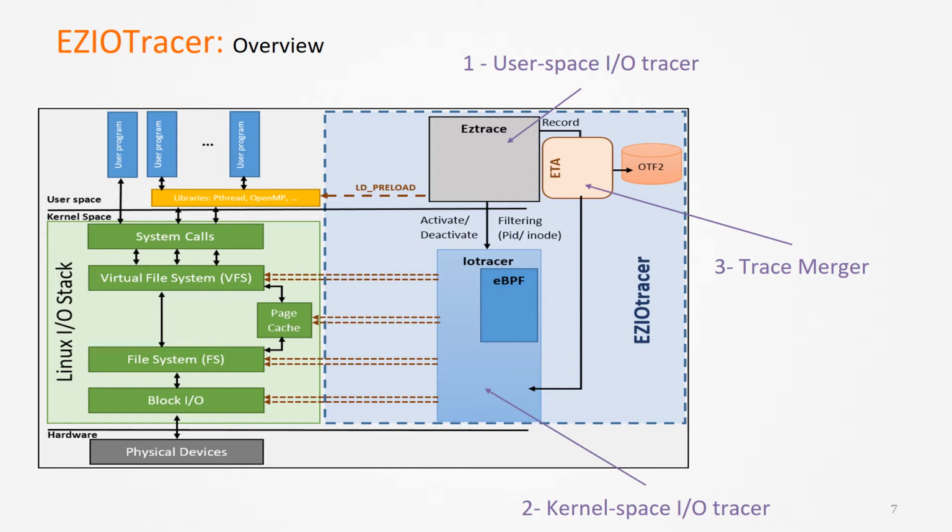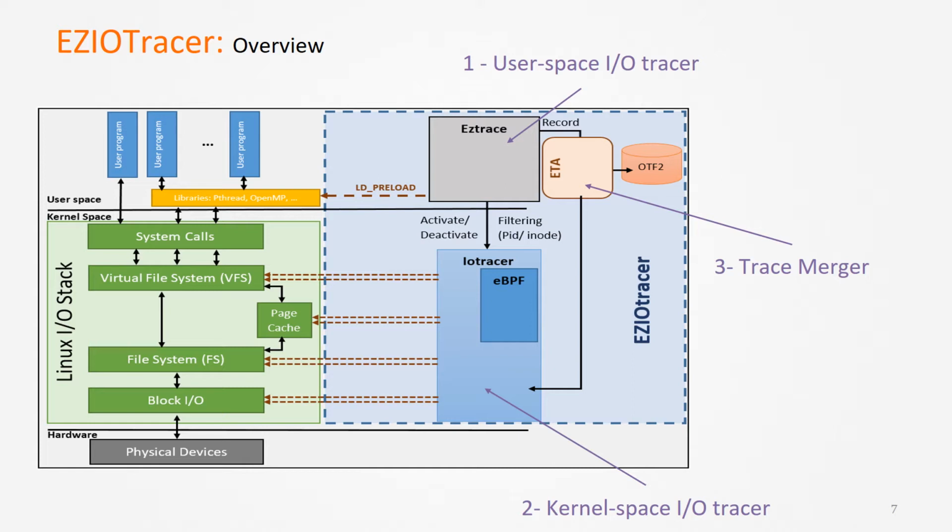The first one is EZIOTrace, an existing tool to trace IO operations at the user level for different IO libraries like pthread and OpenMP. The second component is IOTracer, a kernel tracer we developed to trace IO operations at various levels of the Linux IO stack leveraging eBPF, which is presented in the next slide.